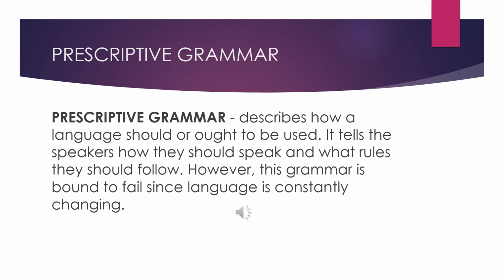So that means our sentences should follow the subject, the verb, the object, or other inflections in the sentences that we use. So here, prescriptive grammar is what we call grammatically correct sentences.